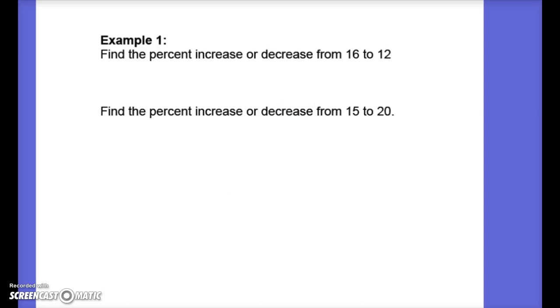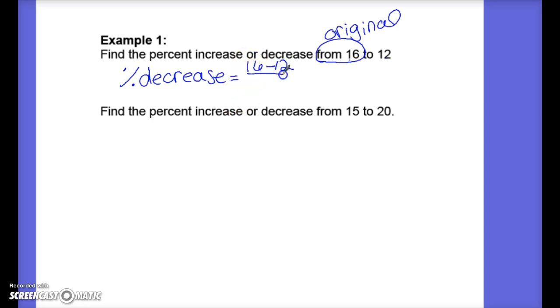Example 1 says find the percent increase or decrease from 16 to 12. Well, I look for the word from. This is my original. Since it went from 16 to 12, I know that this is going to be a percent decrease since the number got smaller. And remember, you do your big minus your small, so 16 minus 12 over your original, which is 16.